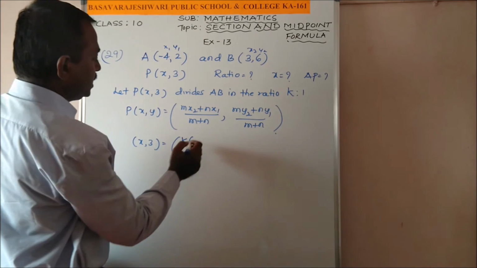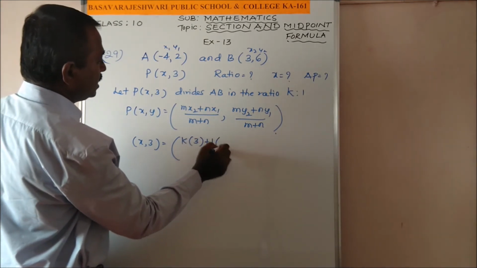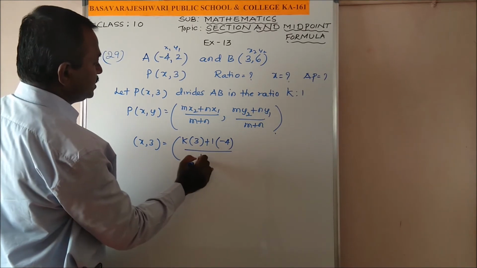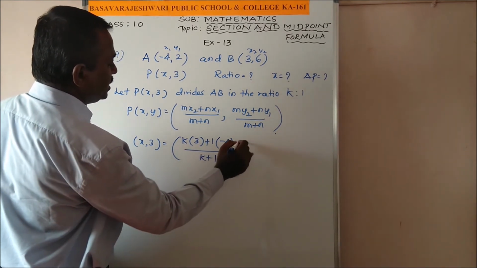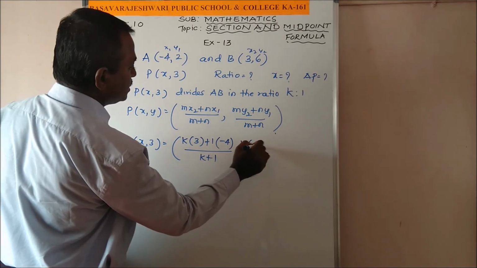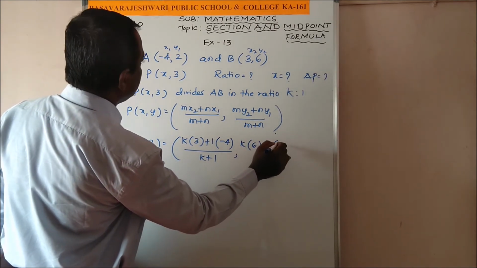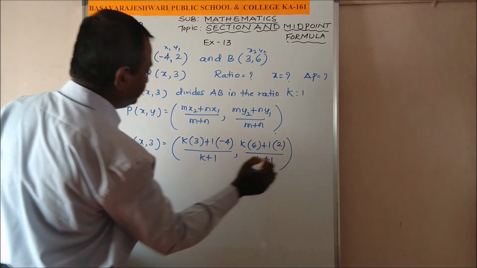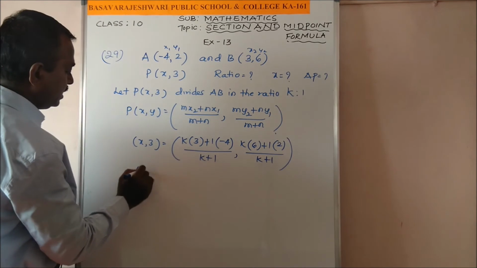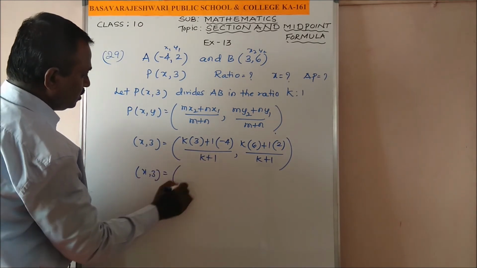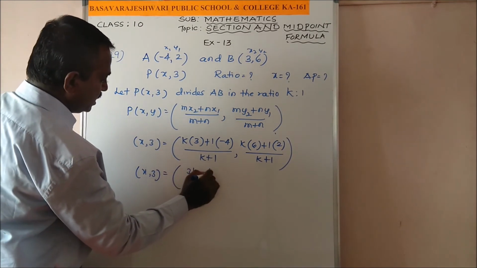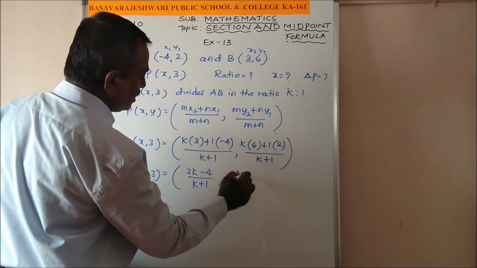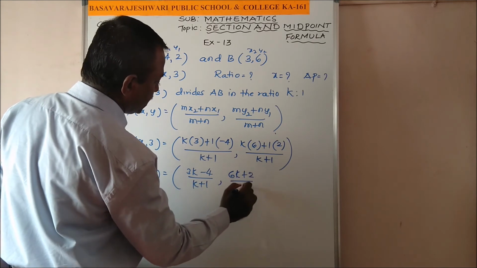So x2 means what here? 3, n means 1, x1 means minus 4, by m plus n means k plus 1. m means k, y2 means 6, n means 1, y1 means 2, by k plus 1. If you simplify, (x, 3) is equal to (3k minus 4) by (k plus 1), (6k plus 2) by (k plus 1).